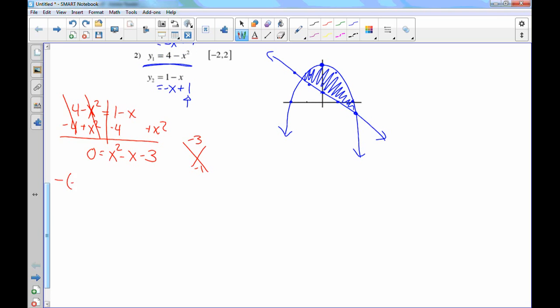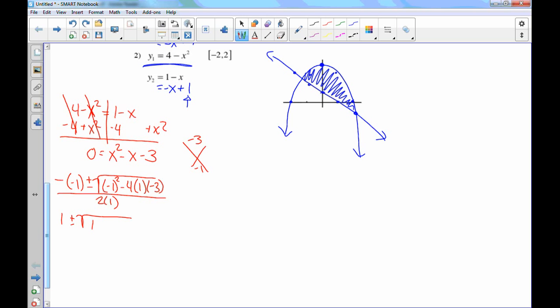Negative b plus or minus the square root of b squared minus 4ac, all over 2a. So we have 1 plus or minus the square root of the discriminant. Negative 1 squared is 1.